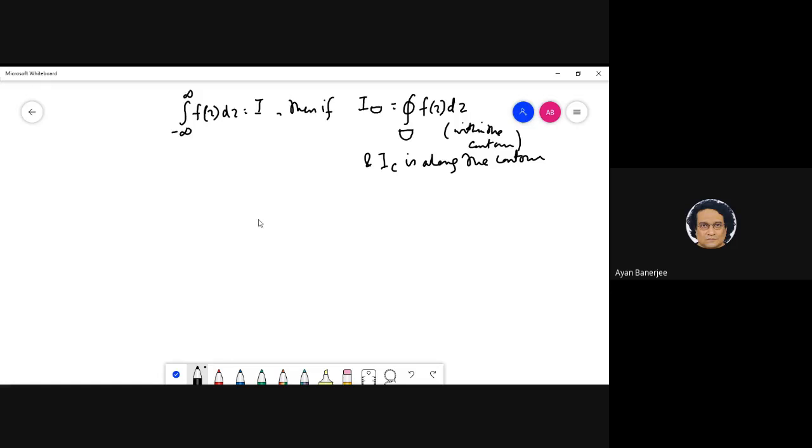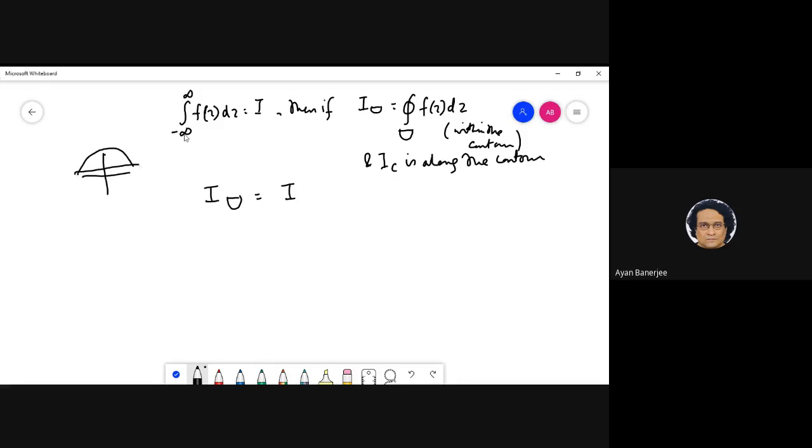So basically, this one is along the real axis, going from minus infinity. Remember, the whole contour is this whole thing.